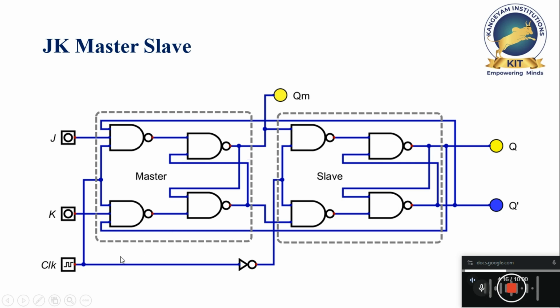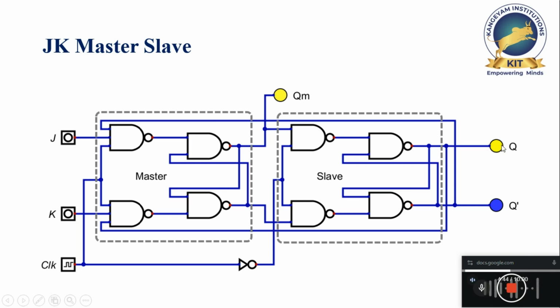Whenever the clock becomes 0, the master becomes inactive. As per our truth table, this QM will be acting as a memory. When this is 1, it will react according to these inputs.